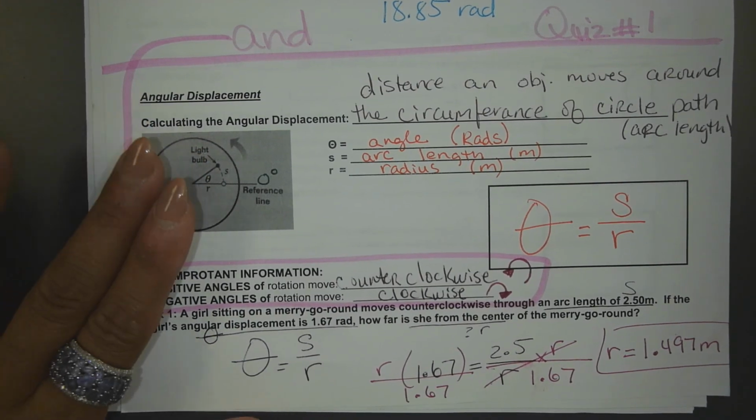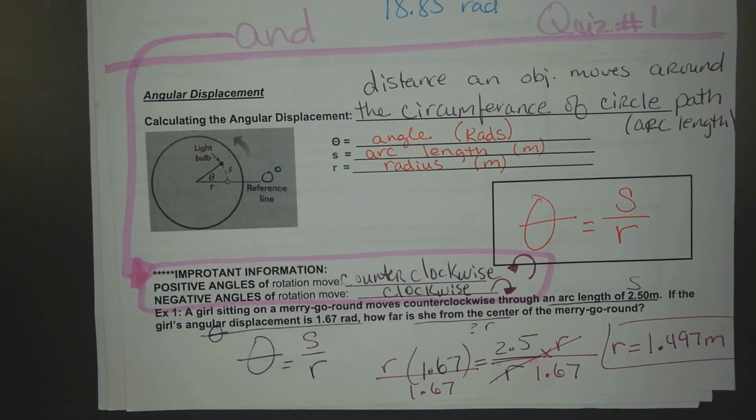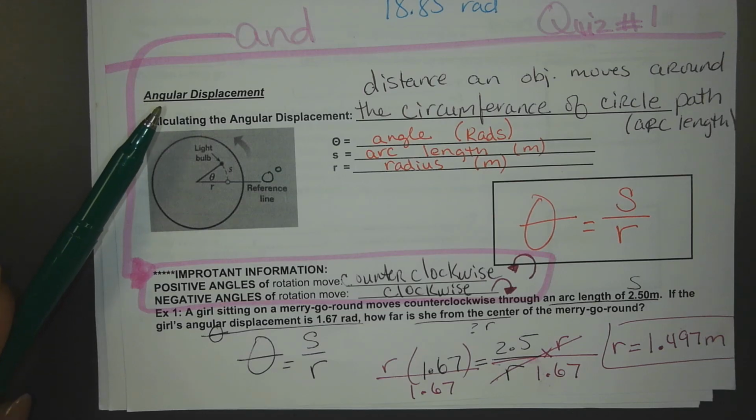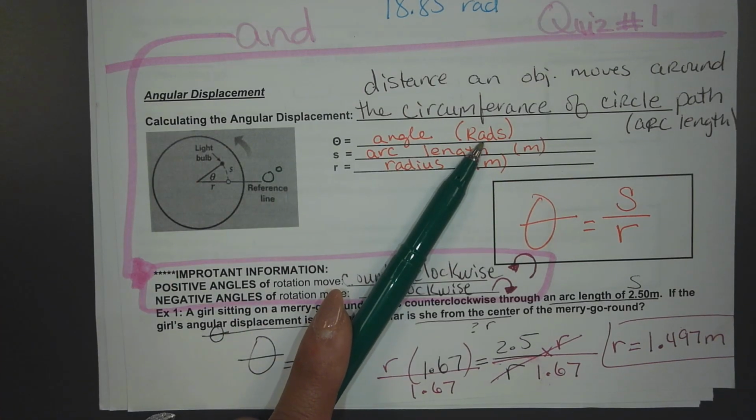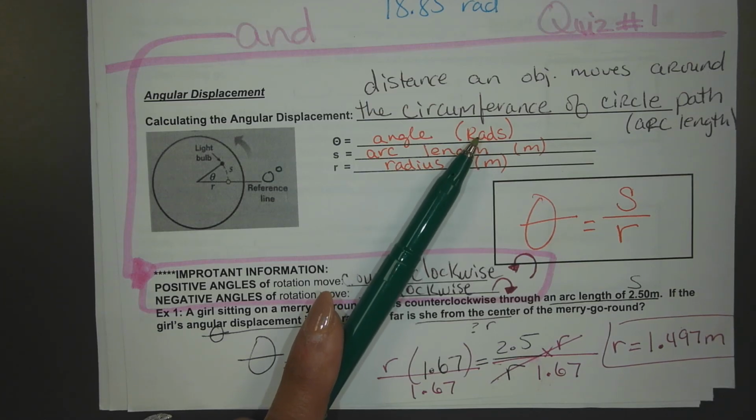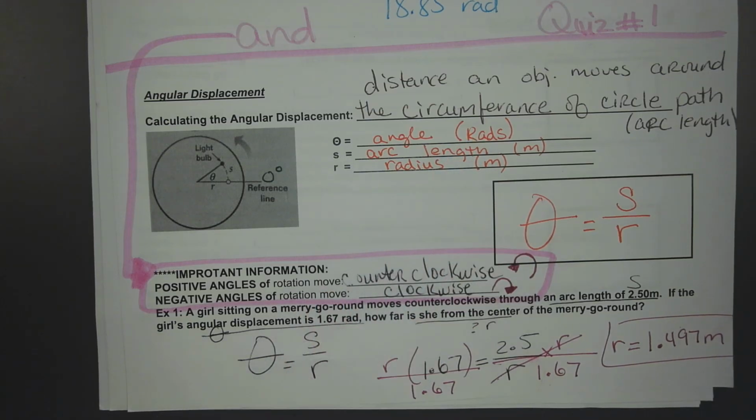Then we talked about this last equation, which should not have been on the quiz, which is angular displacement. Even though it sounds like angle, we do not use a degree. We actually use what we call rads here in physics. And we like to talk about rads because rads can be correlated into a straight line.